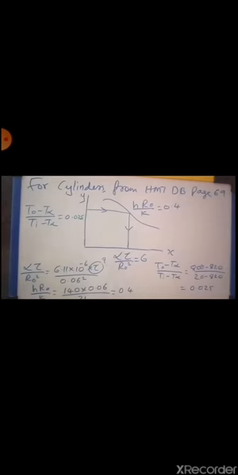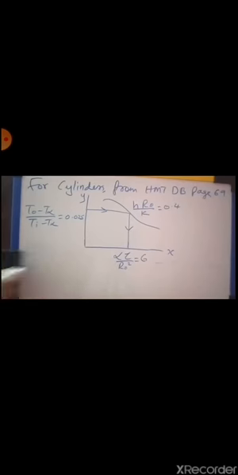We get alpha tau by R0 square is equal to 6 from the graph. We start from the y-axis, and this y-axis value, that is T0 minus T alpha by Ti minus T alpha, is equal to 0.025.